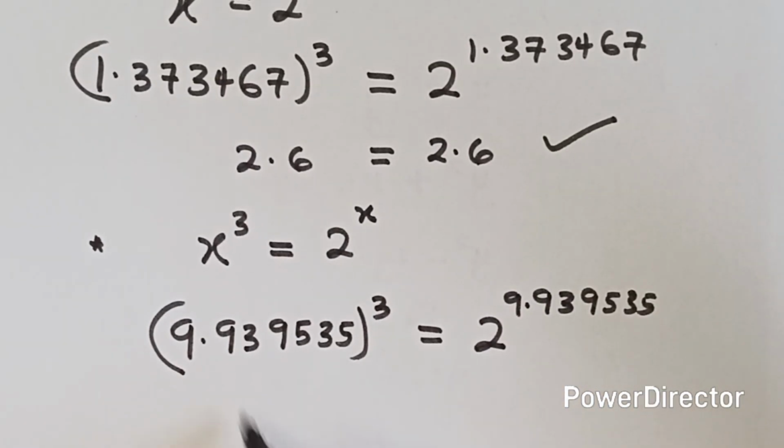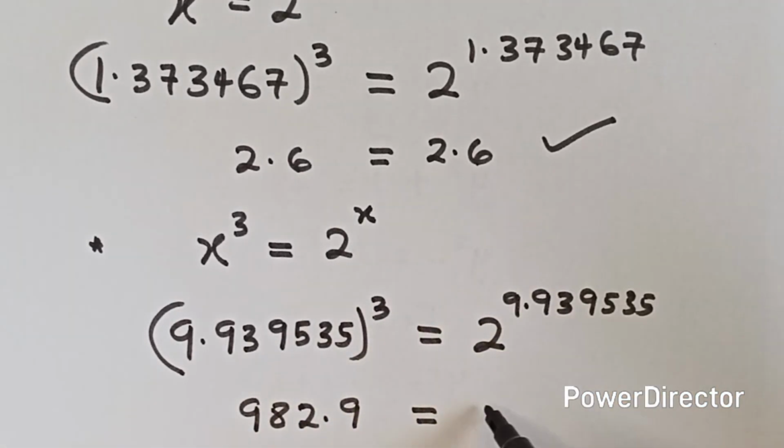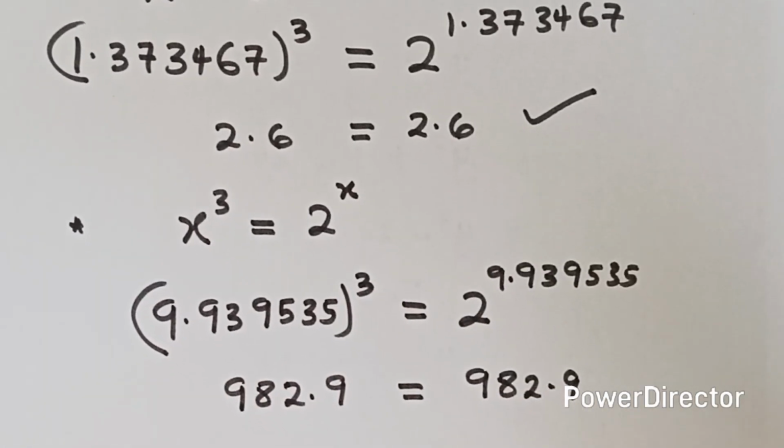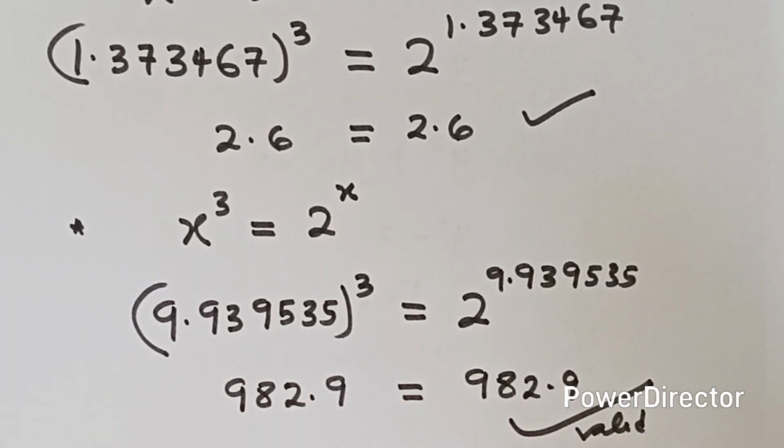Okay, now this is approximately 982.9, and this also is approximately 982.9. Okay, that shows that the value of x here is also valid. So the two values of x that we got are actually valid solutions.